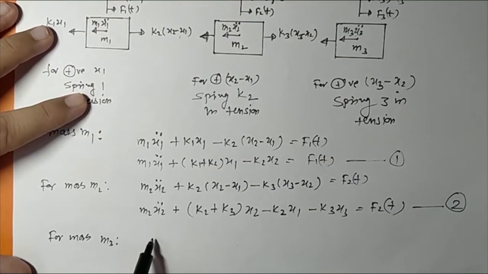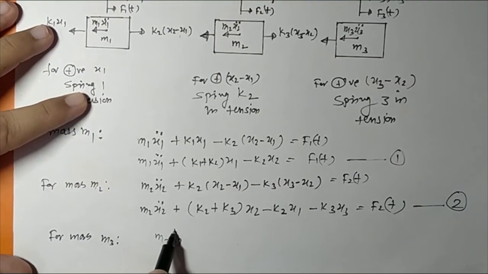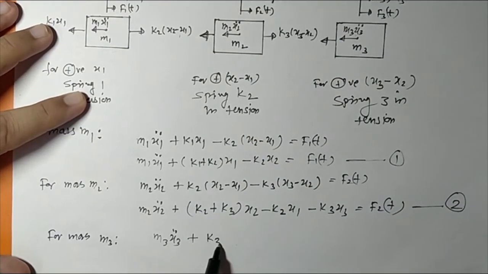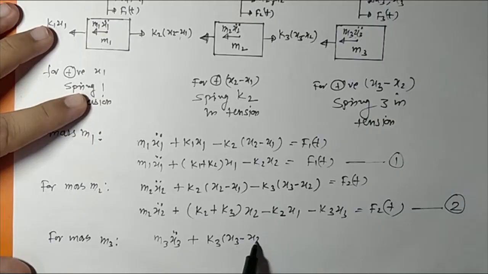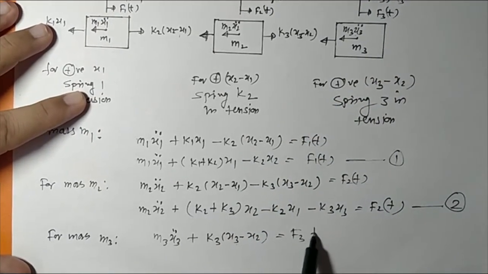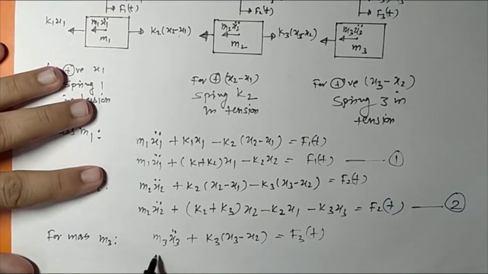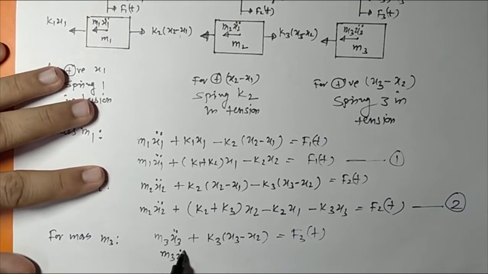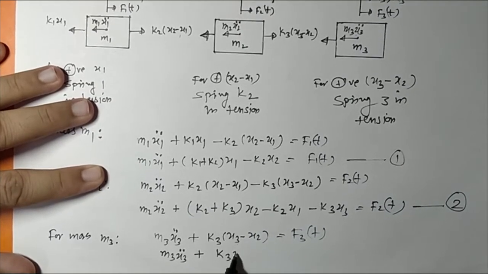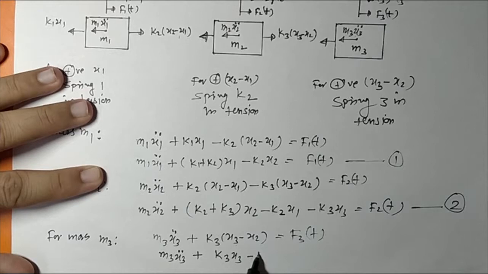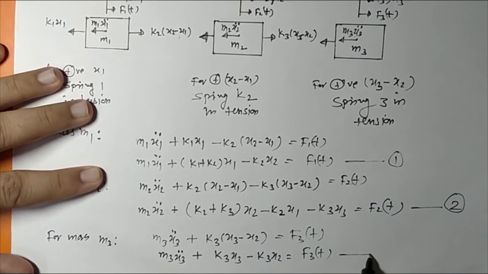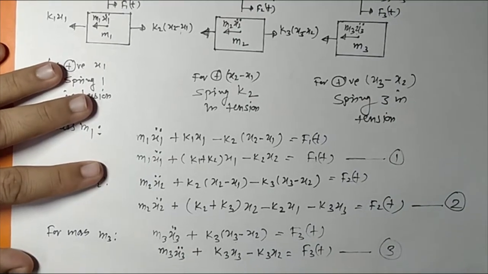So we can write m3 x3 double dot plus k3 (x3 minus x2) is equal to f3(t). So on rearrangement, we'll have m3 x3 double dot plus k3 x3 minus k3 x2 is equal to f3(t). This is the equation of motion for third mass.